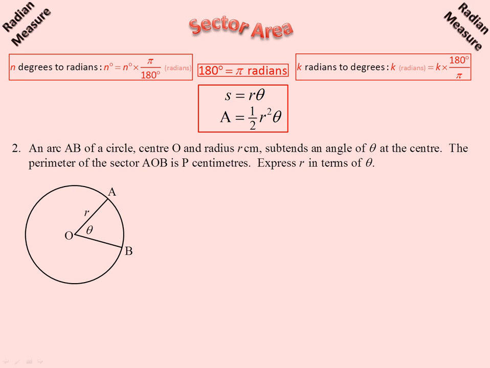We have the r, so we just need S. Well, we have the full perimeter is P, and we know that's r and that's r. So surely that is what's left. So therefore S is equal to P minus 2r. Now we can substitute into our formula, and we can solve for r. All r's on one side, common factor, divide.